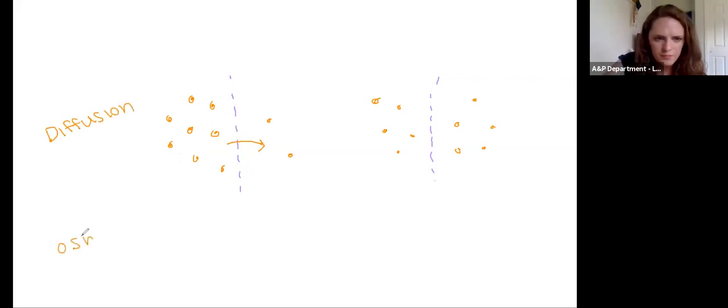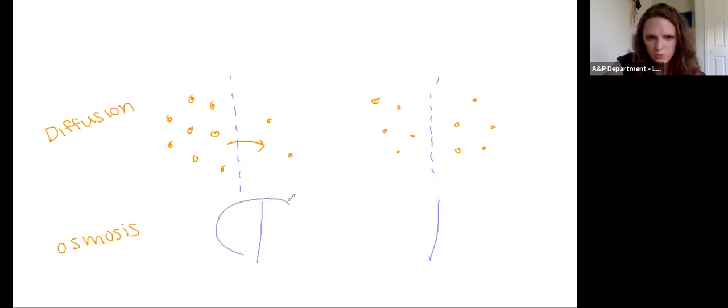Osmosis is the movement of fluid. So let's say, same scenario, you're packed on one side. You've got a lot of molecules on one side. I'm going to actually close this off here.